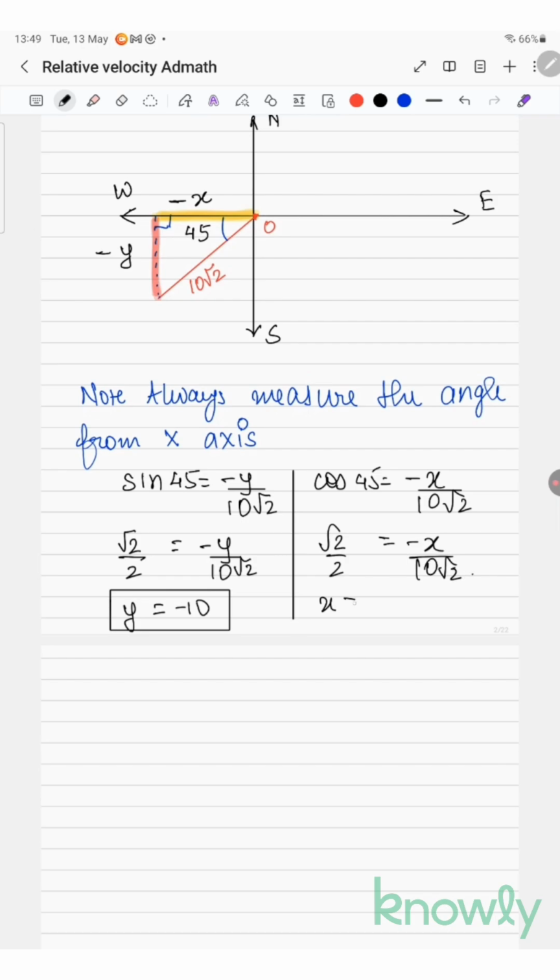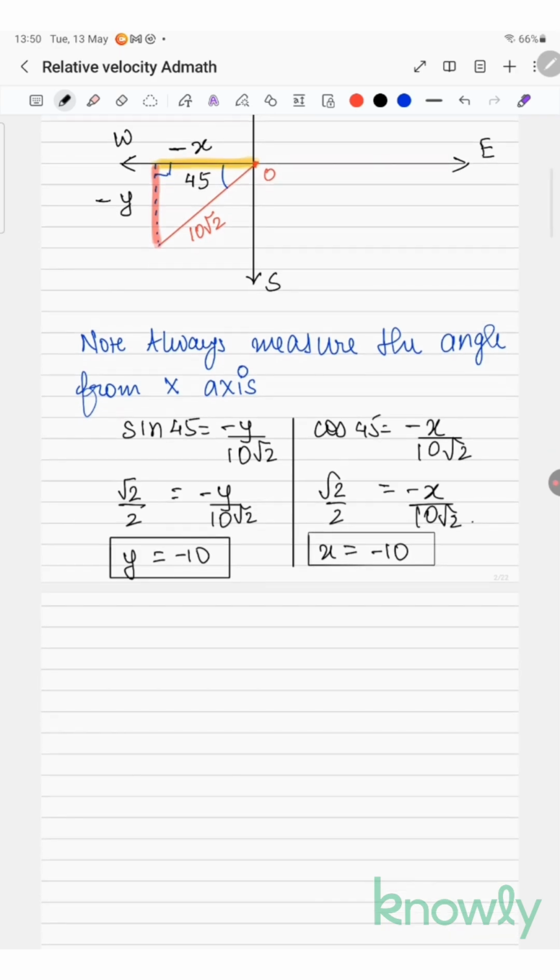So x equals negative 10. So now the velocity vector, won't it be x and y, which is minus 10 and minus 10? Hope you have got my point.